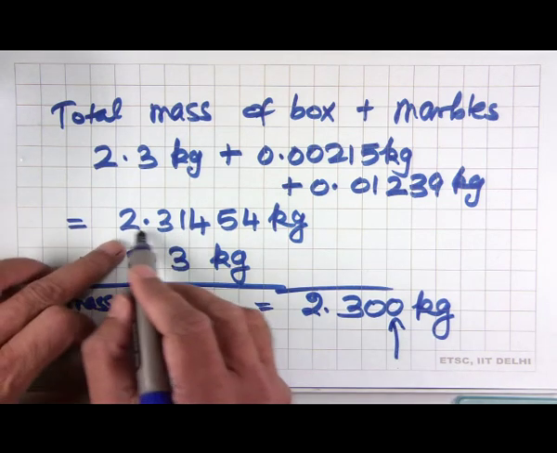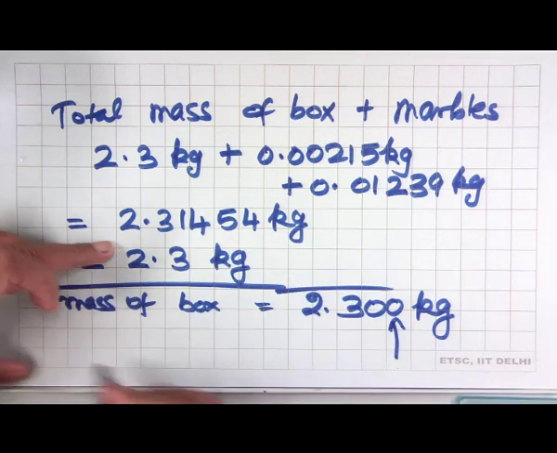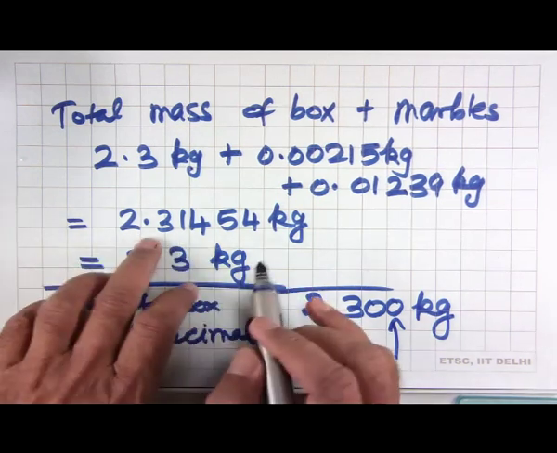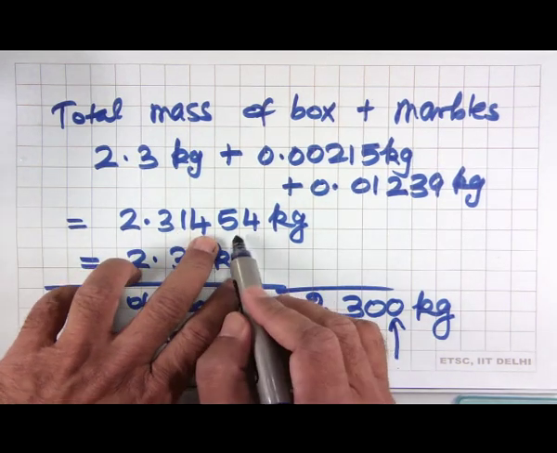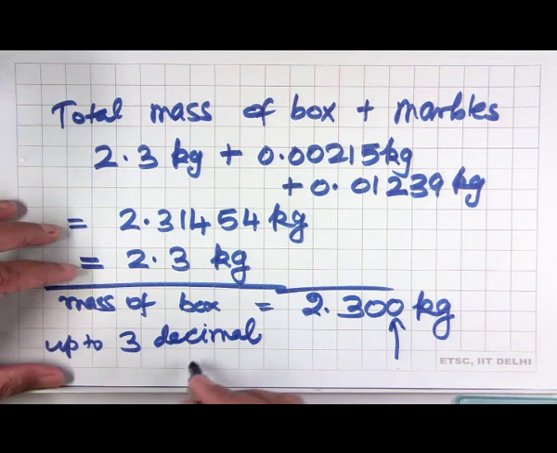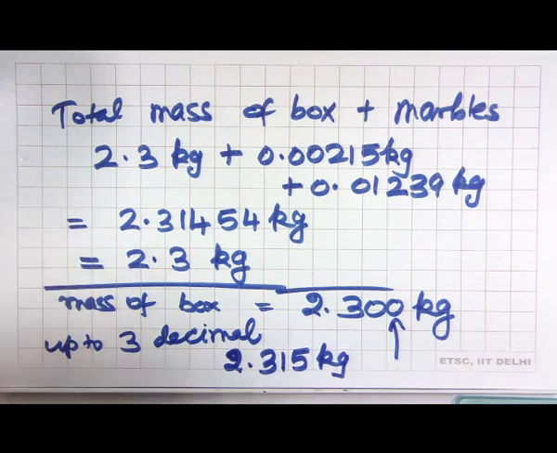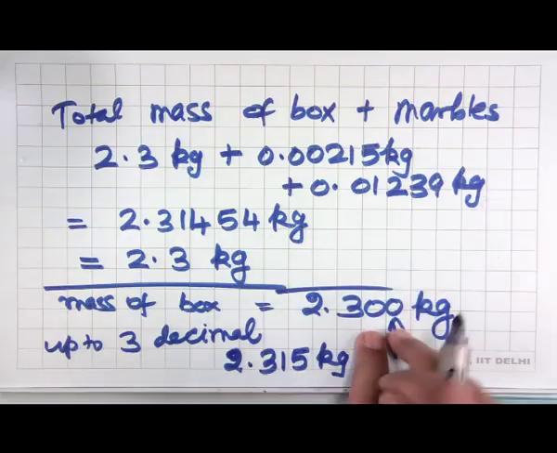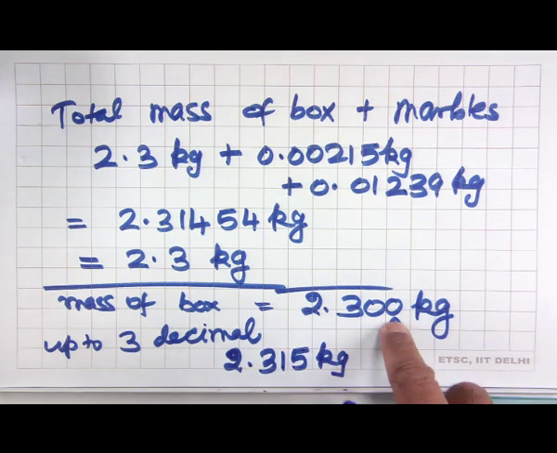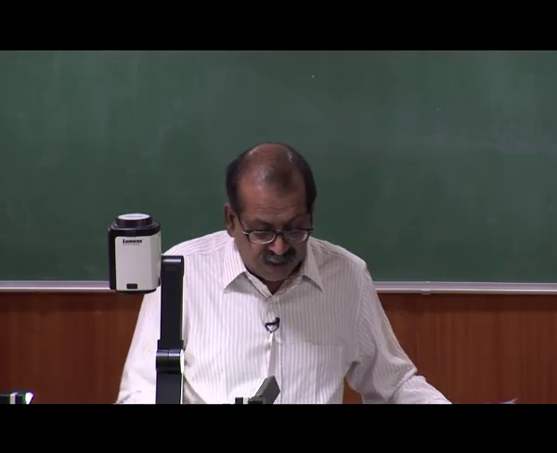In the final answer, 2.31454, we have to go up to 3 decimal places. So, now we have 2.314. Now, the next digit is 5 followed by a 4. So, when we round it up, this will become equal to 2.315 kg. So, this is how the answer will change if the original data given to us becomes 2.300 instead of 2.3. And this is the type of care one has to take when we do things in error analysis.